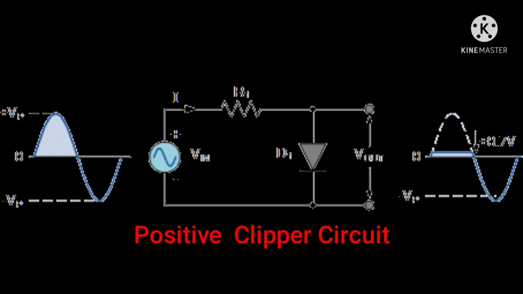The diode begins to conduct and holds the voltage across itself at a constant 0.7 volts, until the sinusoidal waveform falls below this value. The diode limits the positive half of the input waveform and is known as a positive clipper circuit.